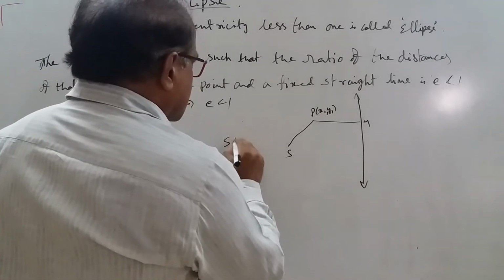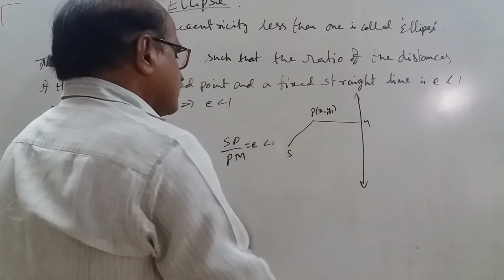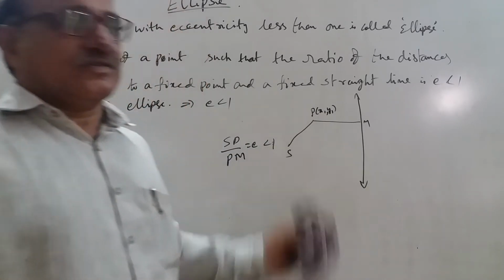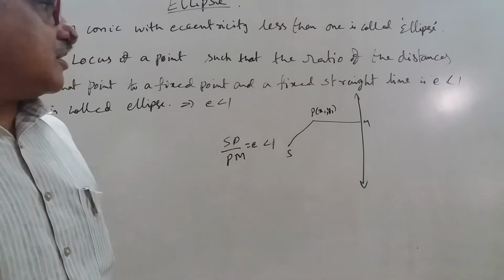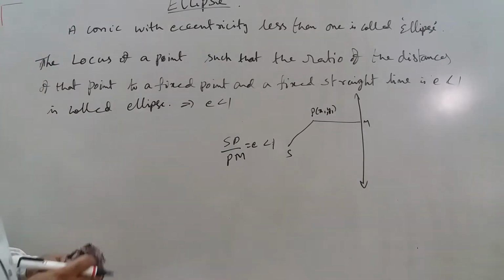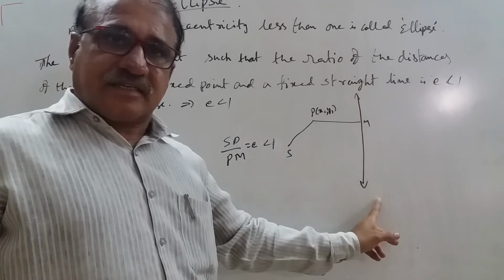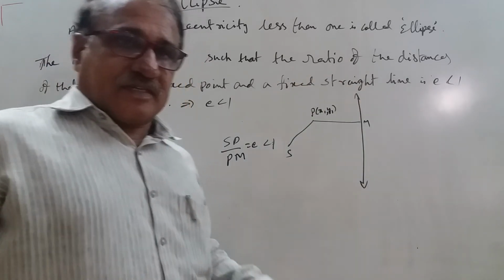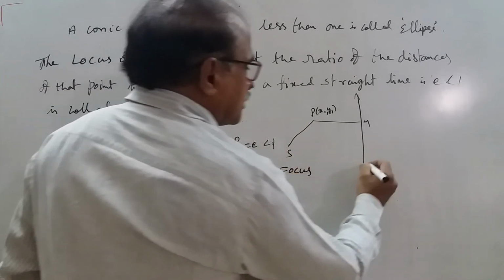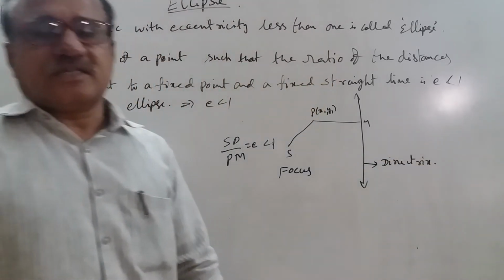That means SP by PM is equal to E, greater than 0 and less than 1. In this way, we define the ellipse. Now, this fixed straight line is called the directrix of the ellipse, and this fixed point is called the focus. This is the definition of the ellipse.